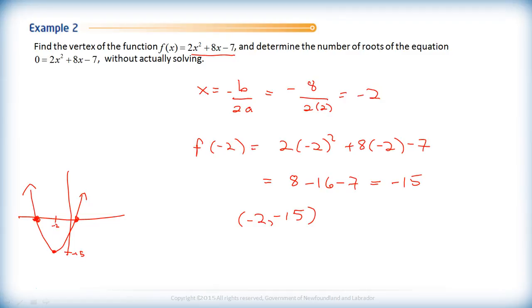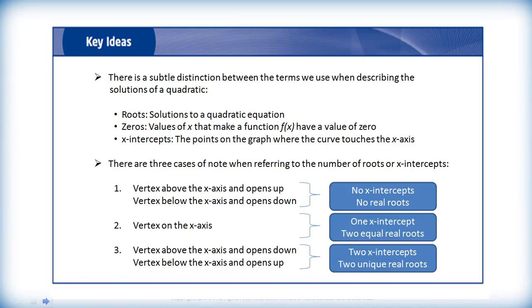So 2 different x-intercepts for the graph, which means 2 unique real zeros, or 2 unequal, or 2 unique real roots. And that's what's going on here. That's it. Good question. Next.